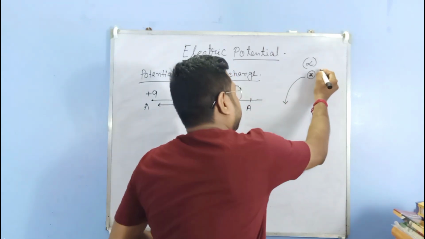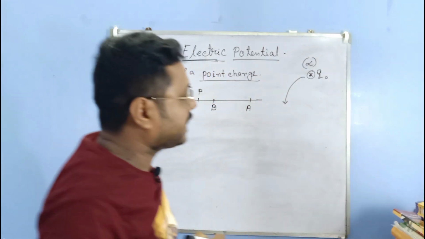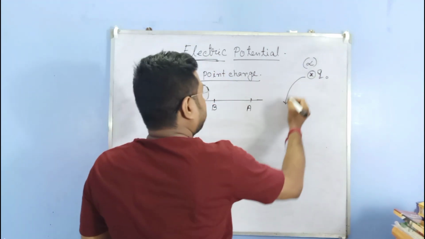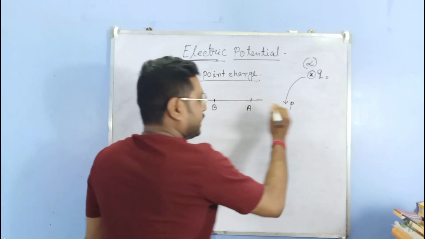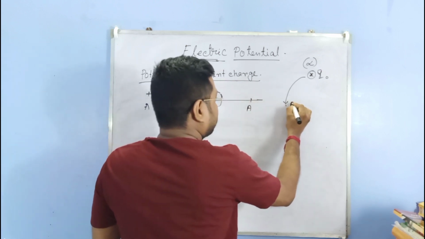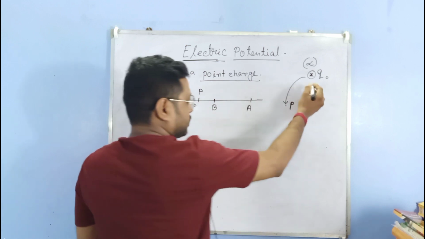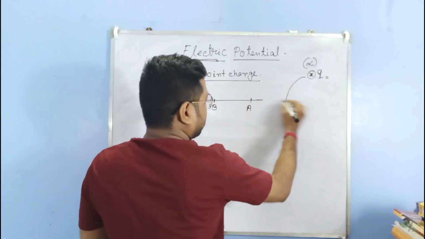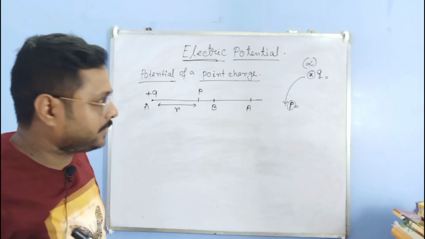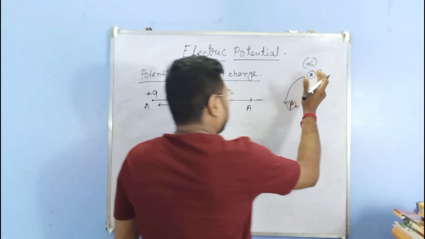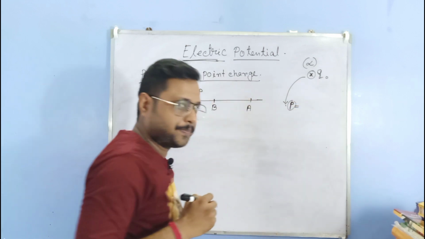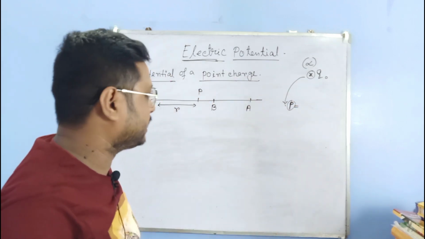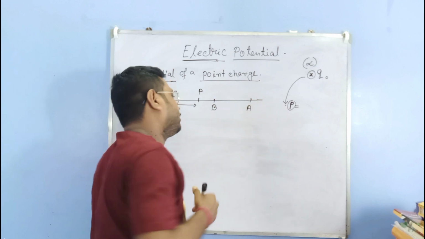If we take it from infinity to a given point in an electric field, then the work done required for this process is called the potential of that point. I repeat, to bring a unit positive test charge from infinity to a point in an electric field is called the potential of that point.